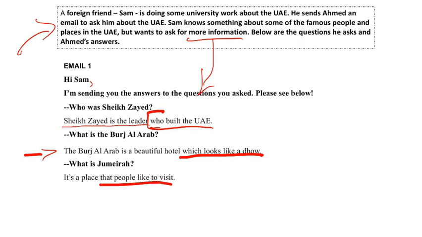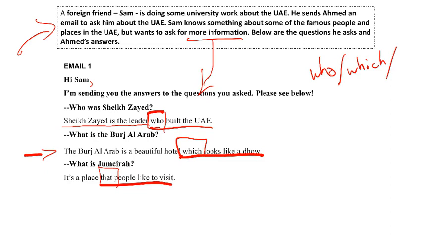Right there. Okay? And so we have who, which, and that. And those are our most popular relative clauses. Relative pronouns or adjective words that start a relative clause. Who, which, and that.